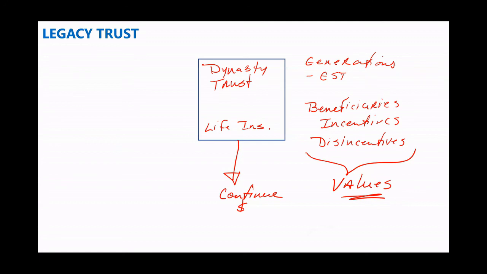But it's a great way to help that legacy not die in 1 or 2 generations, but move on for multiple generations, and really help the family get a leg up on everybody else, because we're not going to waste the money on estate tax.